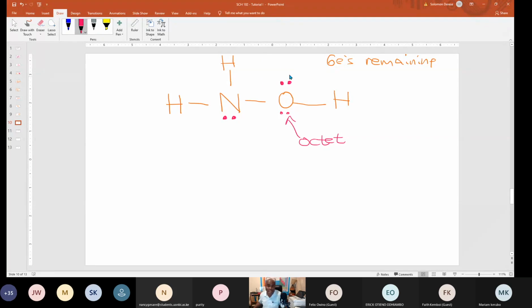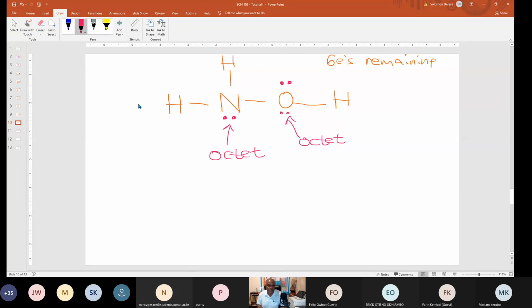And then if there is any electron left, you use whatever is remaining and dump it on the central atom, in this case the nitrogen. Now, if you look at this, the nitrogen has got an octet of electrons, octet.